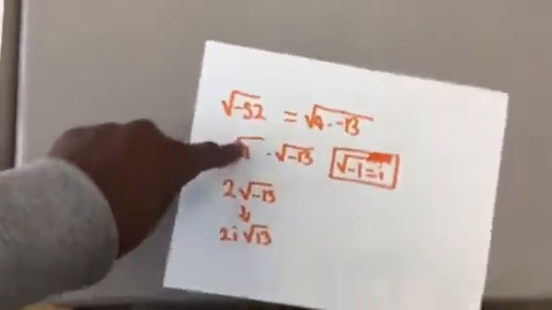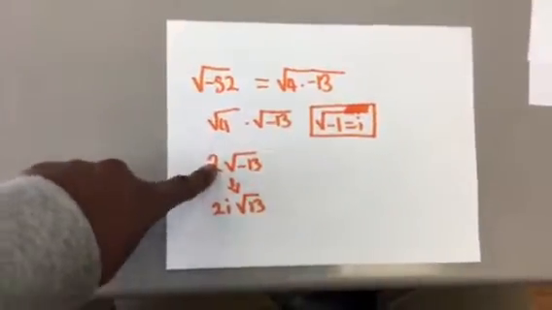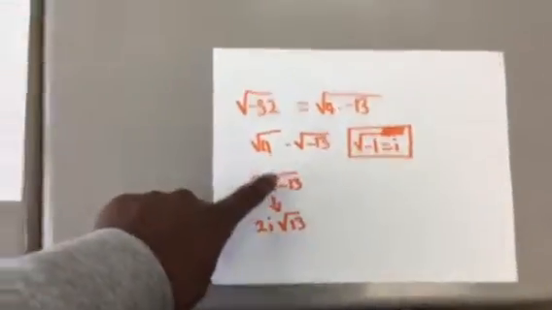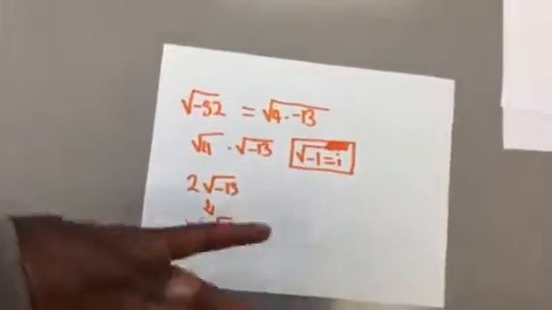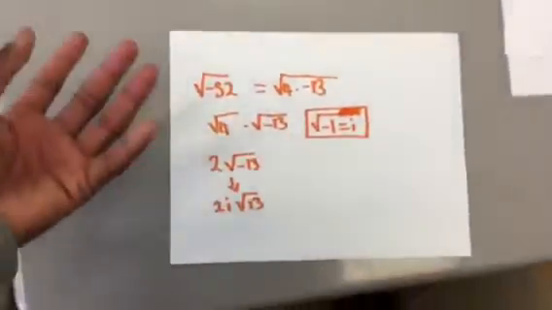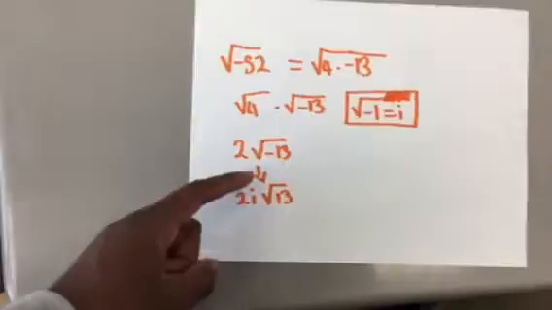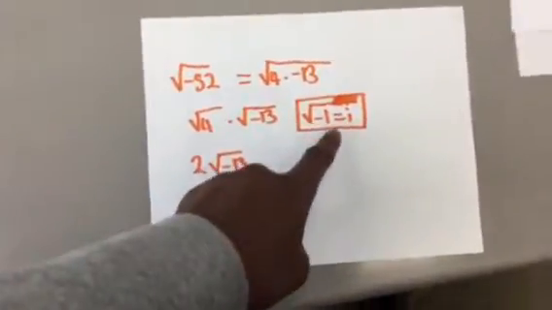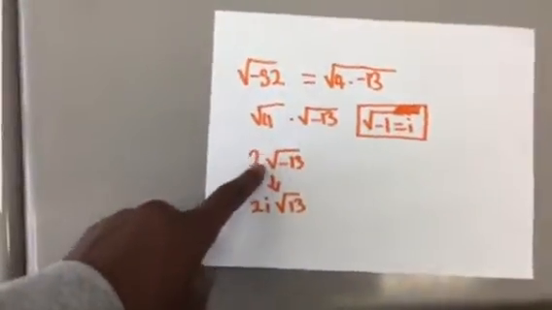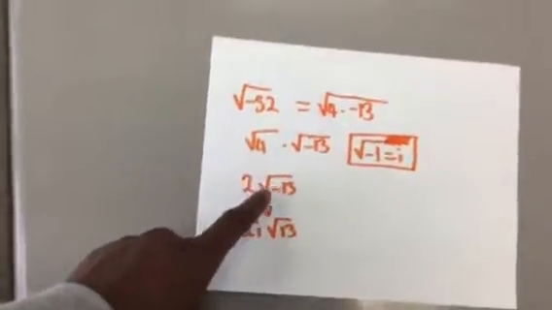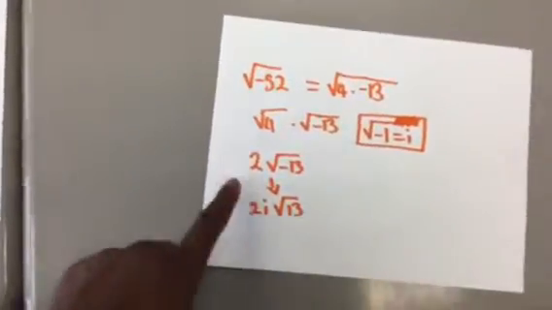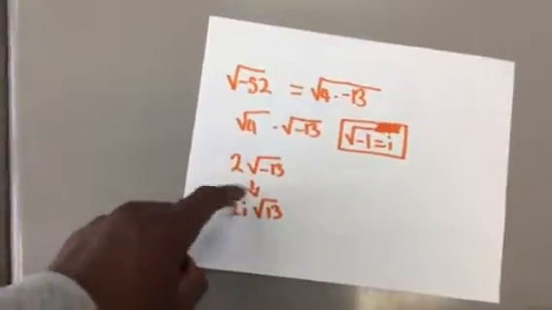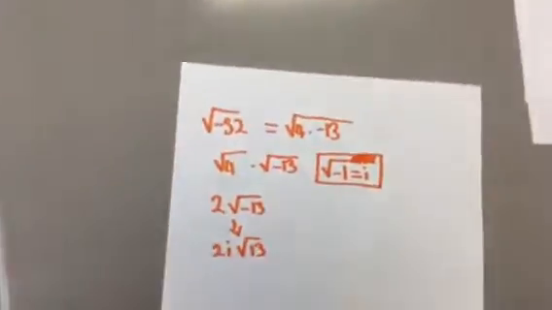We know that the square root of 4 is equal to 2, and so we would just bring down the 13. Since there are no factors of 13 other than 1 and 13, we know that there's no more way to simplify it. But we have to bring the i over here right next to the 2, outside of the radicand, to finish the equation. So we have 2i square root of 13, which would be the most simplified answer that we can use. So these are simplifying radicals, and have a nice day.